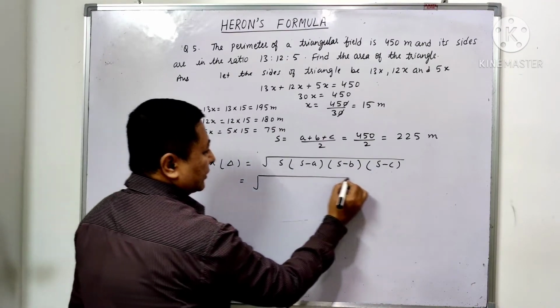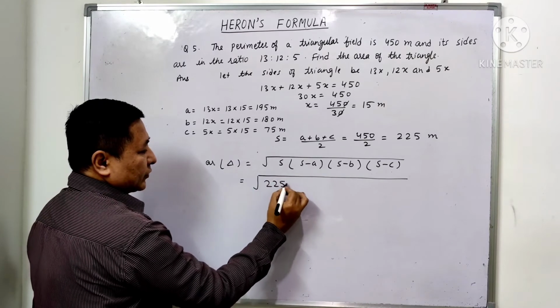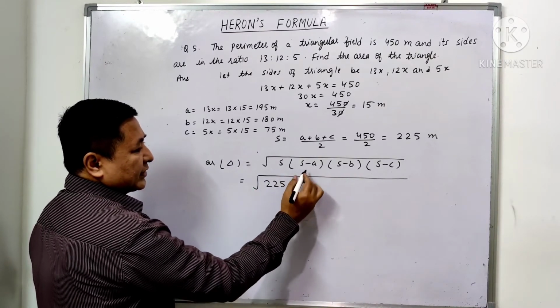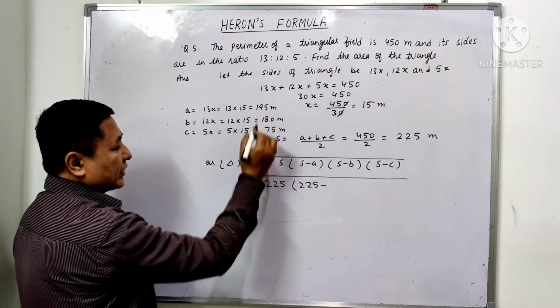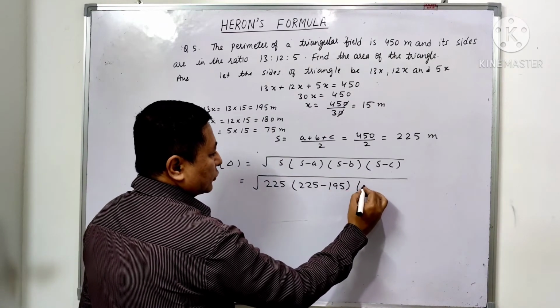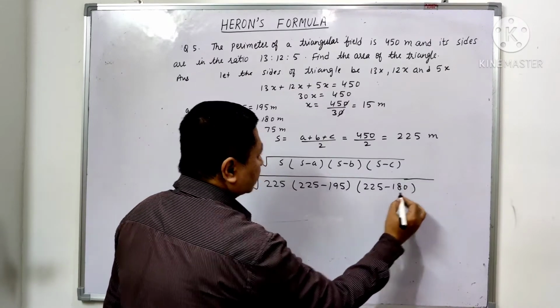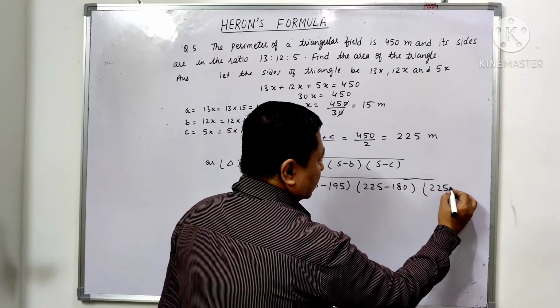Now the semi-perimeter is 225 into S minus A, that is 225 minus 195, and again 225 minus 180, then 225 minus 75.